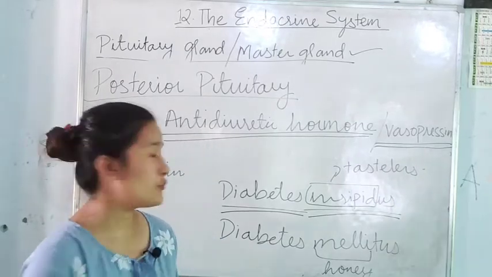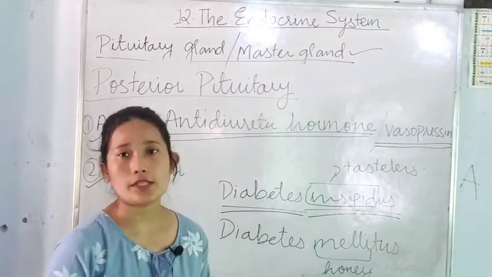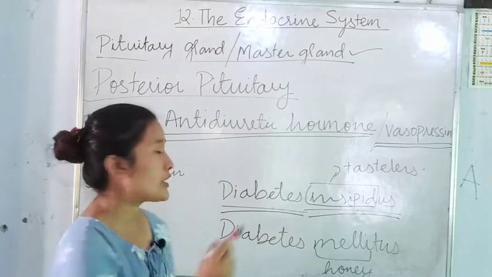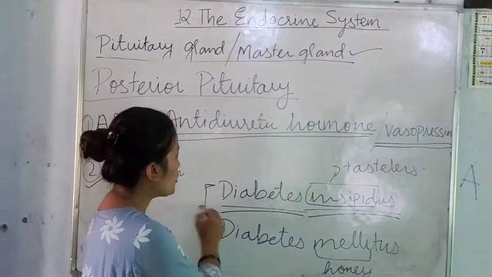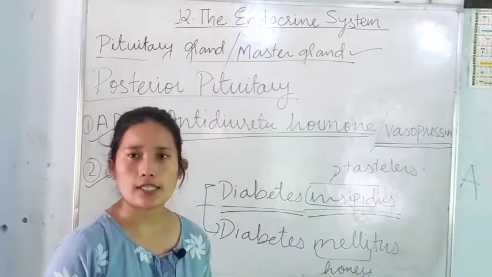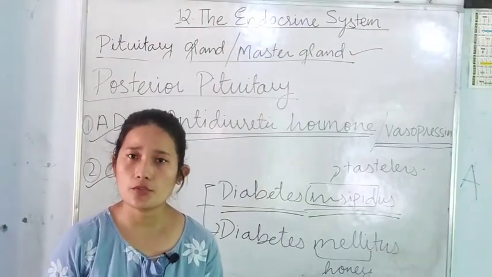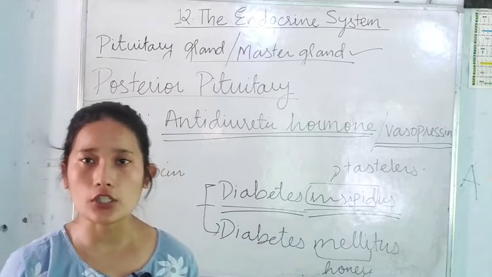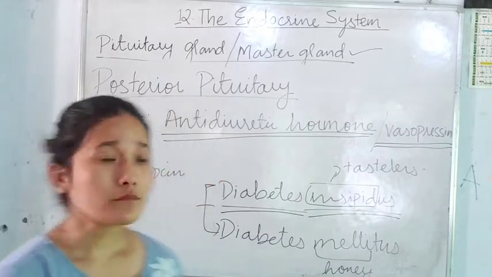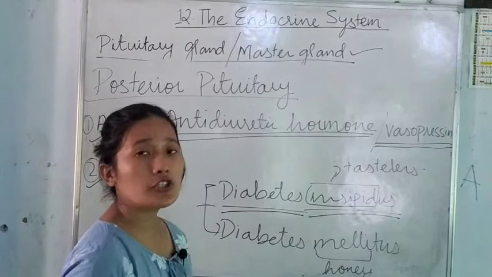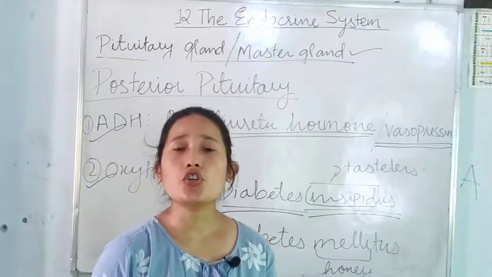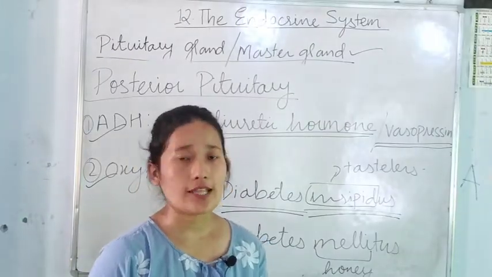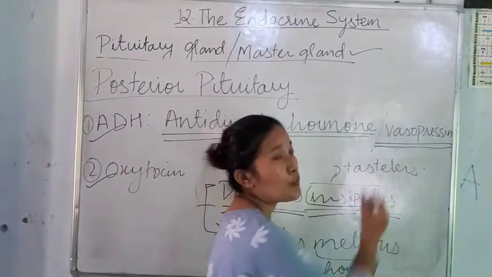I hope you can differentiate between diabetes insipidus and diabetes mellitus, because they generally ask you to write the difference between these two, okay. Now the other function of your ADH, it also constricts your blood vessels, that's why it is also referred to as vasopressin.